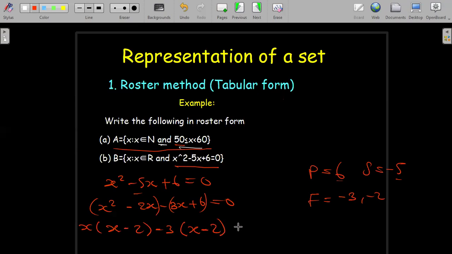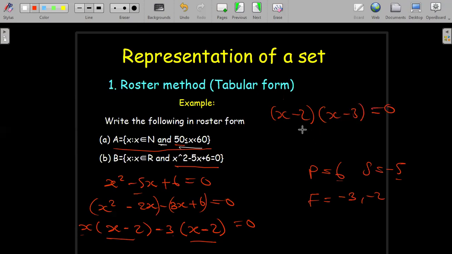So this is all equal to 0. You see that this part and this part are the same, so I can just write one of them, which is x minus 2. Then I have x minus 3, and all this is equal to 0.